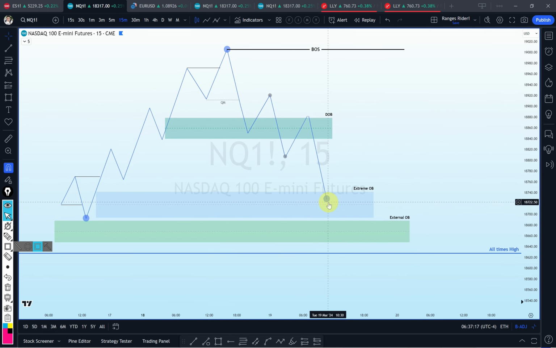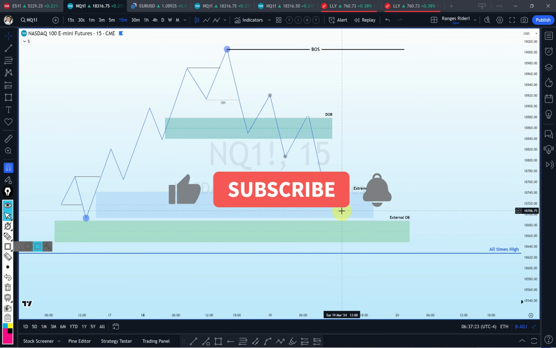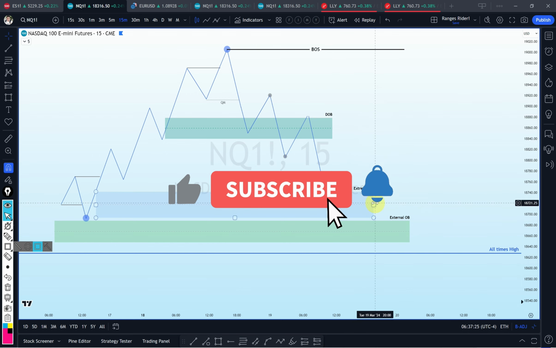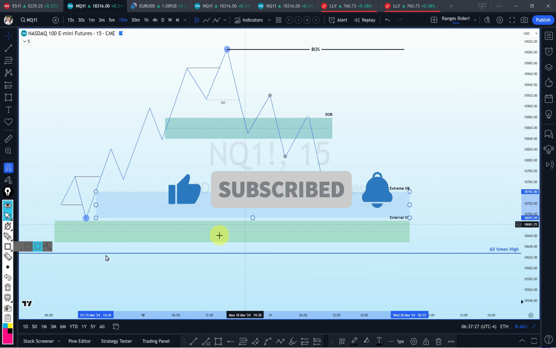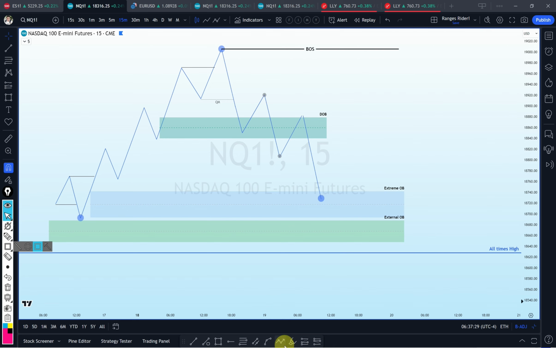So once the price disrespected the extreme order block, and this is not going to happen every time, you have to check this on the charts. And once you disrespected the extreme order block, the market will take the liquidity from this QM, strong low, and from here below strong low you have to find the external order block.